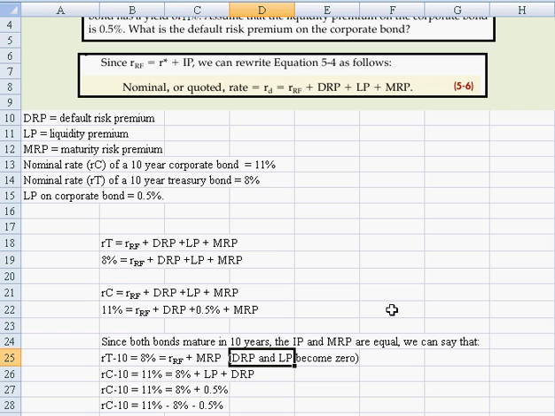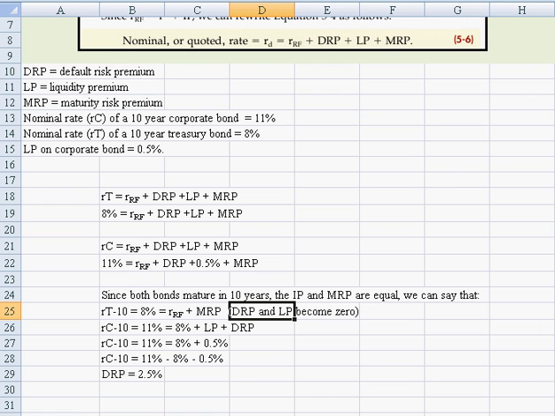The default risk premium is set to 0 because Treasury bonds are assumed to have no default risk. The liquidity premium we can leave as 0 because we're comparing the Treasury bond to the corporate bond, and since both are 10 years in length, we can consider that they're equal, so we can just leave it off in terms of plugging one answer into the other equation to define the default risk premium.